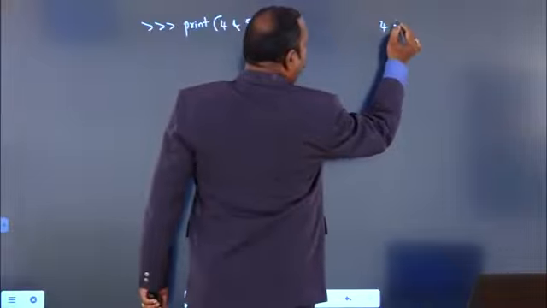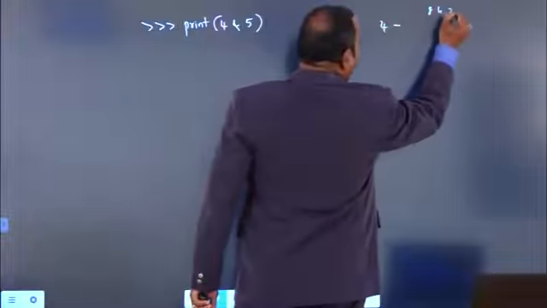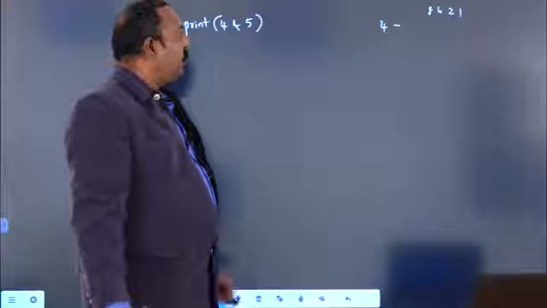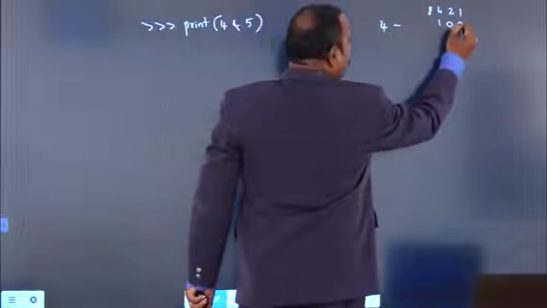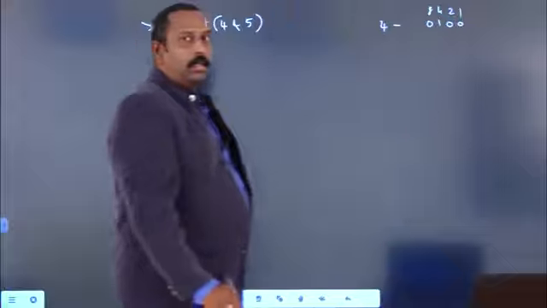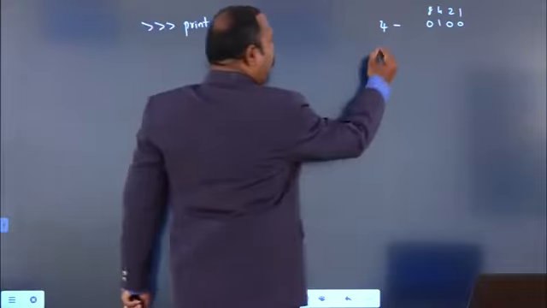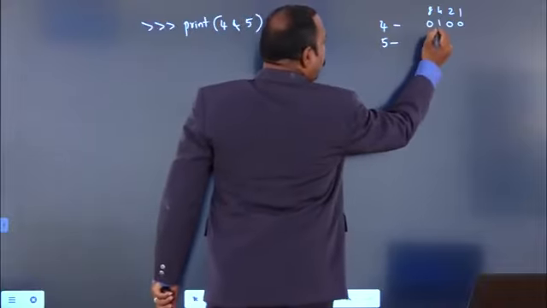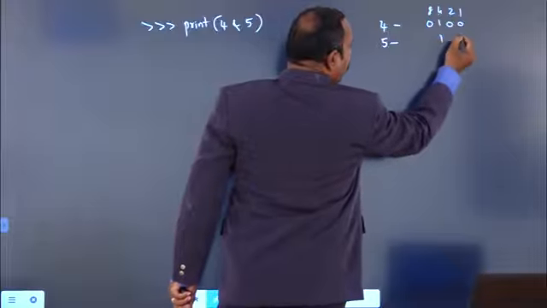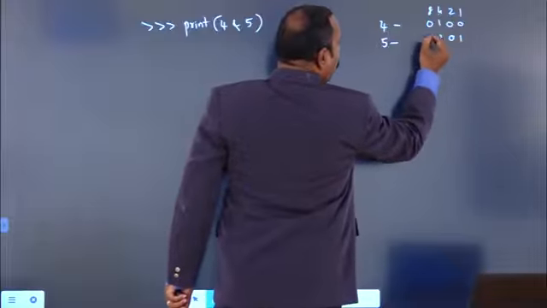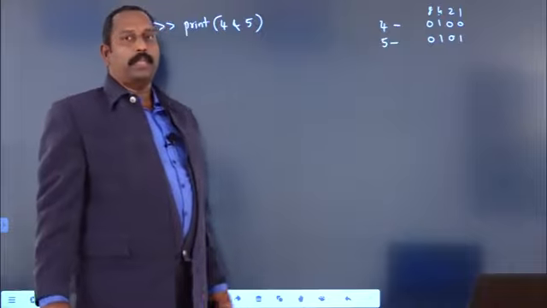What is the bit value? Using the 8421 representation, for 4 we put 1 in the 4 position, and the remaining are all zeros. This is the binary representation of 4. Next, 5 is 4 plus 1, so in the 4 position we put 1, in the 1 position we put 1, and the remaining are all 0. So this is the binary representation of 4, and this is the binary representation of 5.